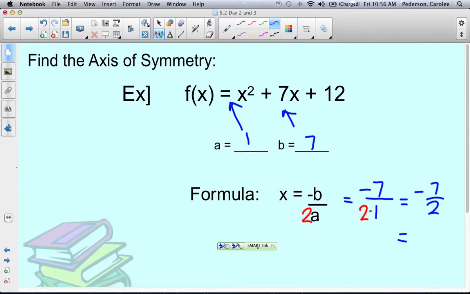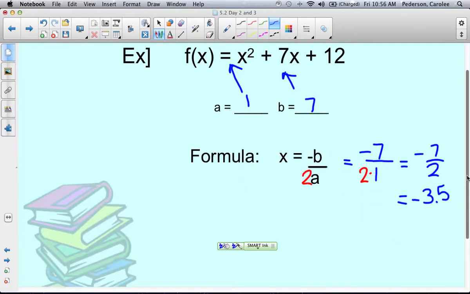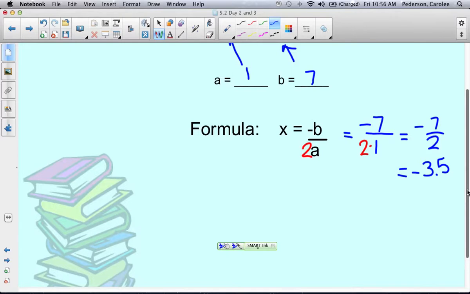So we'll just write it as a decimal, negative 3/2. So our final answer for the x of symmetry is x equals negative 3.5.